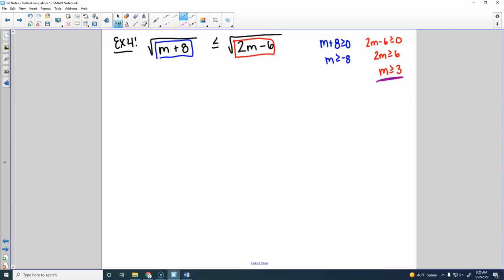So if we want to solve this, we're going to square both sides. And we'll have m plus 8 is less than or equal to 2m minus 6. So square roots will just go away on both sides.